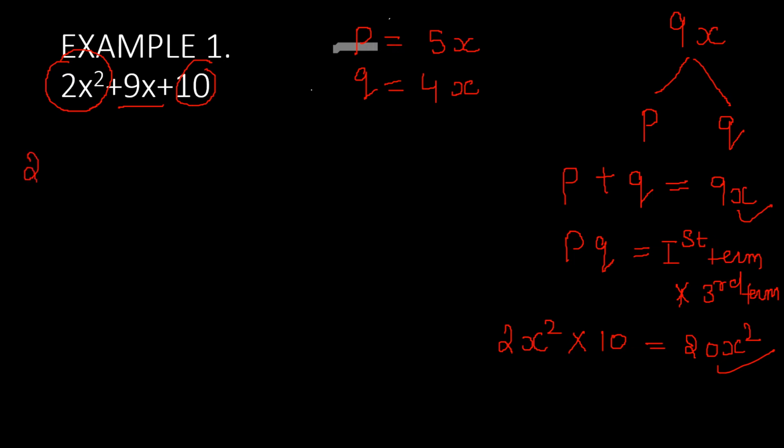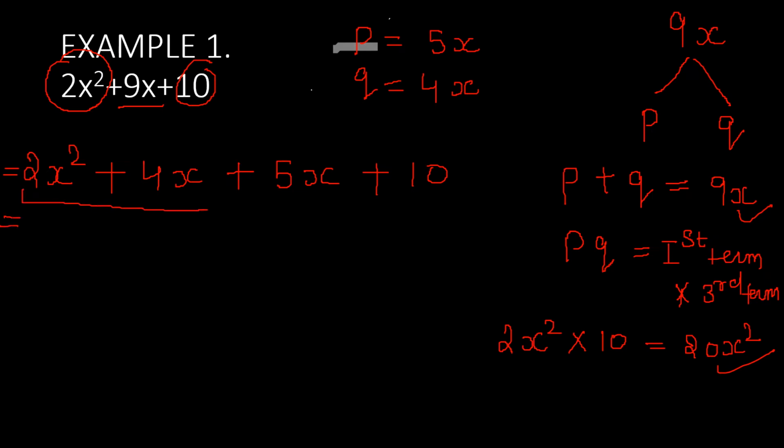Now, come back to the question and write this as 5x like this. In the next step, group the terms: first two terms, last two terms. Now find what common factor you can take out of the first two terms, that is 2x.